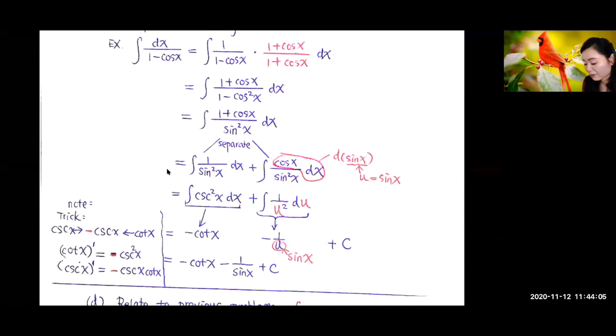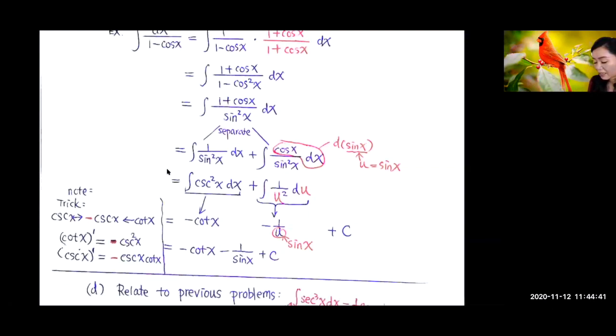And then for this part over here, we can use u-sub, okay? So we can let u equal to sine of x, because the derivative of sine x gives cosine x dx. We have cosine x, right? So we can use u-sub over here for this part. Or you can think about the save method. We save 1 cosine x together with dx. Notice the exponent for cosine x over here is odd, so we save 1 cosine x with dx right here.